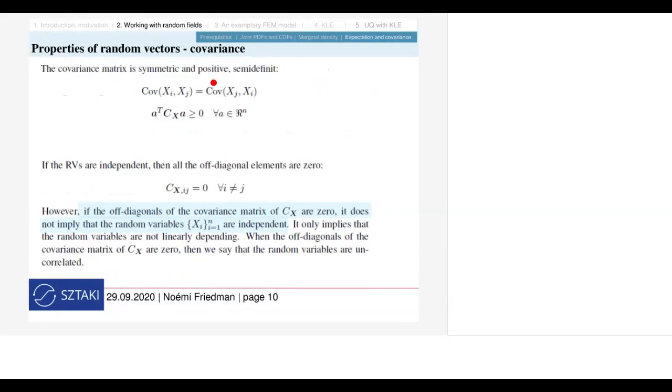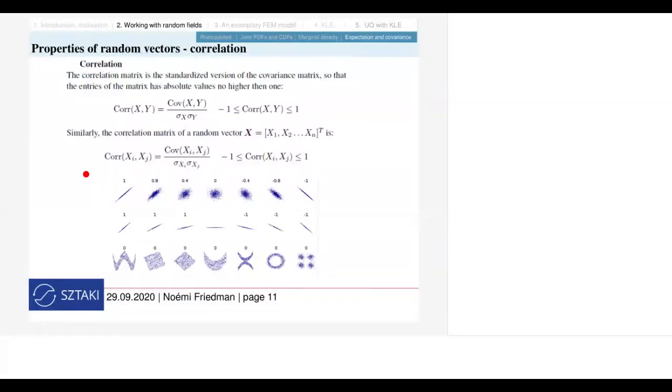Now, the covariance matrix: in the diagonal you have the variances of the elements of the random vector, and in the off diagonal you have the covariances. If the covariances are 0, I say that they are uncorrelated random variables. But it's important to say that when they are uncorrelated, it doesn't mean that they don't depend on each other.